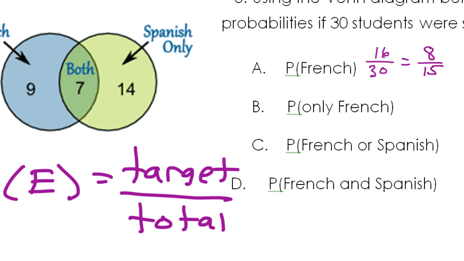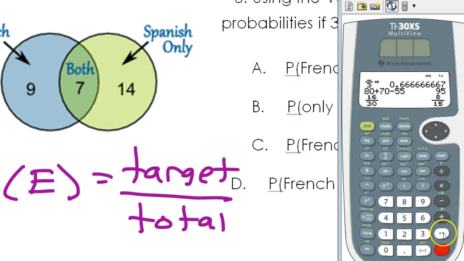And let's also express that as a decimal, 0.5333.